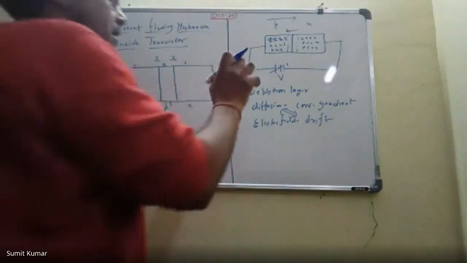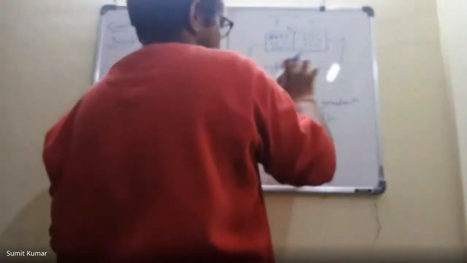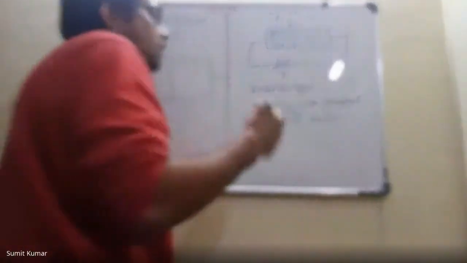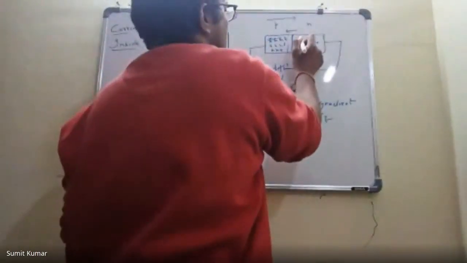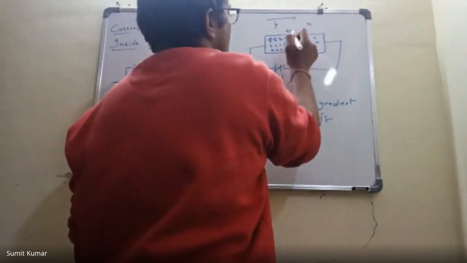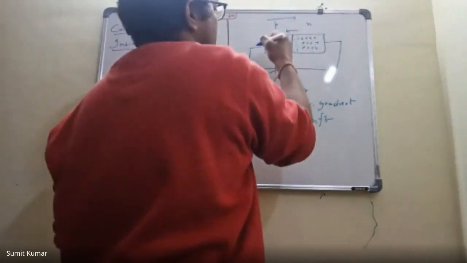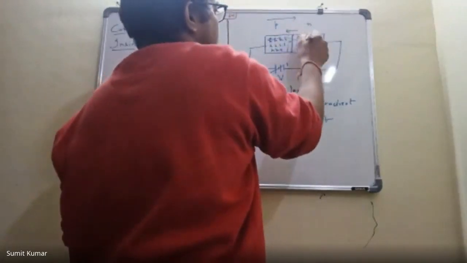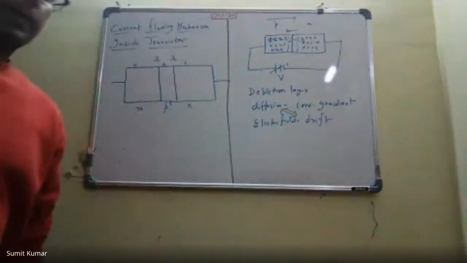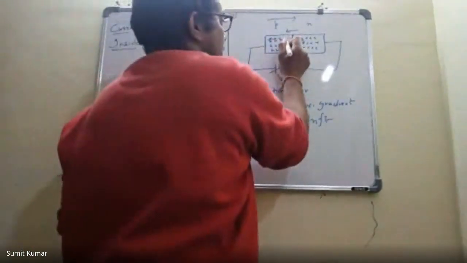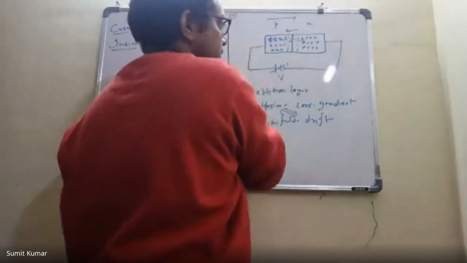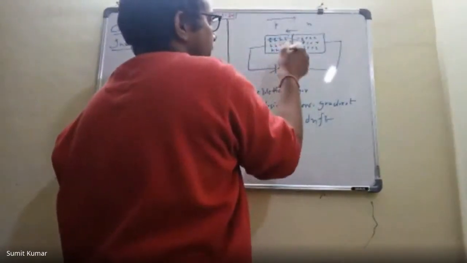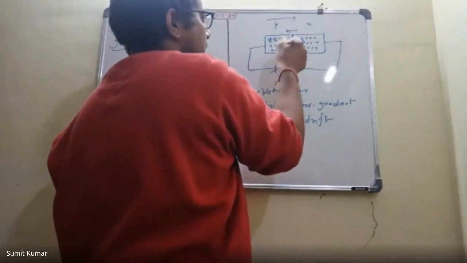What happens when this applied electric field overcomes this built-in potential? The diffusion process starts again, and the electrons will move this side, and the holes will move this side. And what will happen? These electrons are moving this side, at the p region.